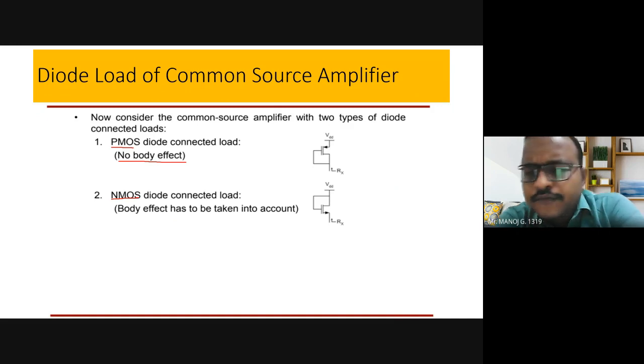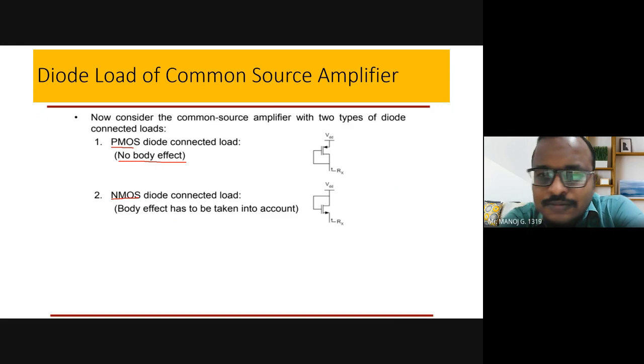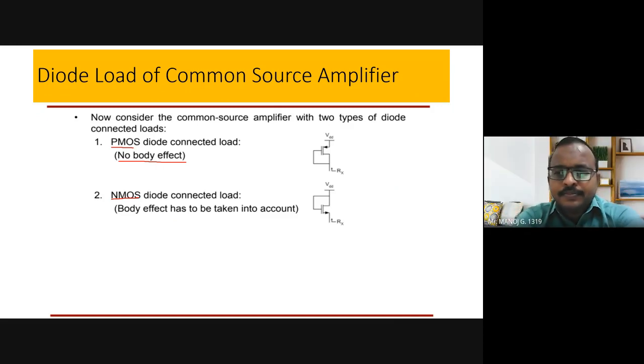Generally, where does the PMOS come in a CMOS circuit? In CMOS circuits, at the top, as a pull-up circuit, sir.